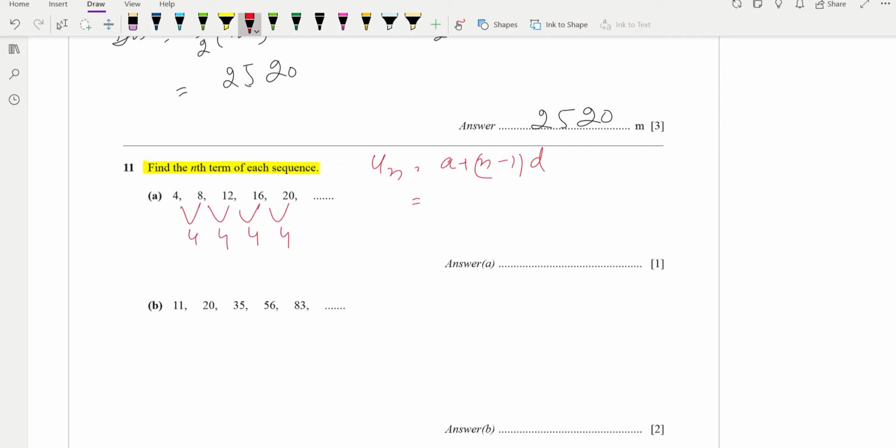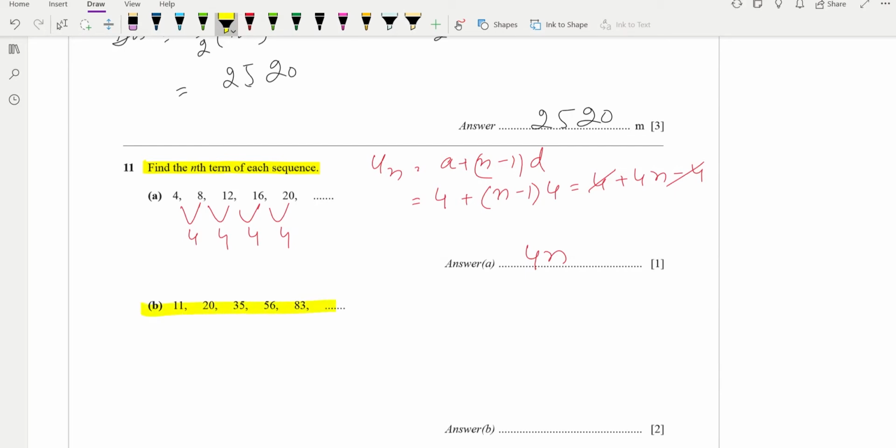The first term a is 4, plus n minus 1 into the difference, which is also 4, equal to 4 plus 4n minus 4. So this will be cancelled, and this will be equal to 4n. This will be our final answer for this part.